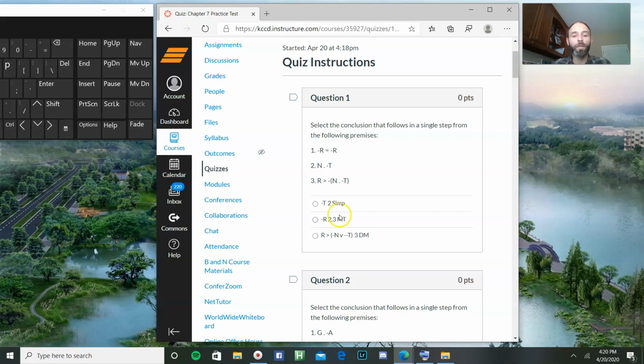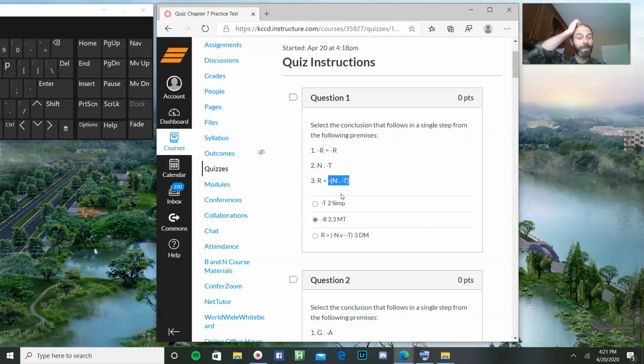So in the second possibility, can we do modus tollens on lines 2 and 3 and get tilde R? Modus tollens tells us if you have P horseshoe Q, and on another line you have the negation of Q, so tilde Q, you can get tilde P. So we have R, everything before the horseshoe, and we have the negation, tilde R, but what we would need on line 2 would be the negation of this, tilde open parenthesis, n dot tilde t close parenthesis.